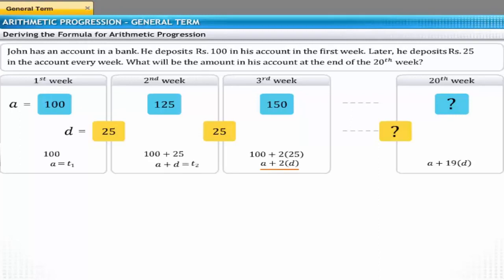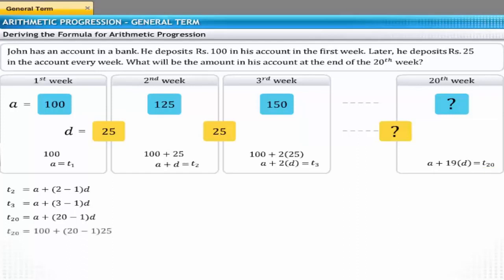If you denote the first term, A, as T1, the second term, A plus D, as T2, the third term, A plus 2D, as T3, and so on, then you get T2 equals A plus 2 minus 1 multiplied by D, and T3 equals A plus 3 minus 1 multiplied by D. You can generalize this to get the 20th term, which is A plus 20 minus 1 multiplied by D. Therefore, T20 equals 100 plus 20 minus 1 multiplied by 25.